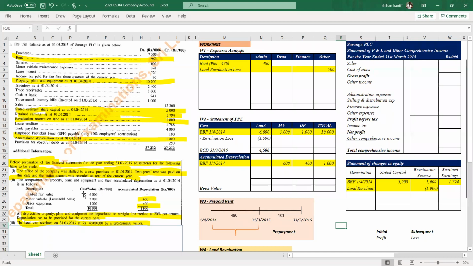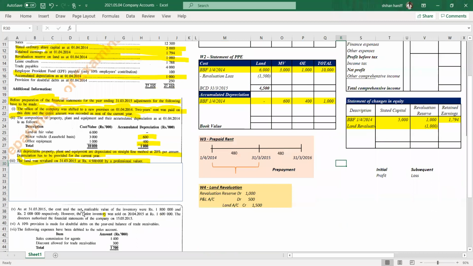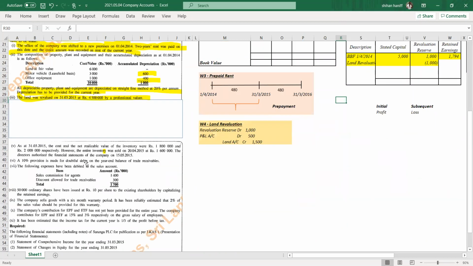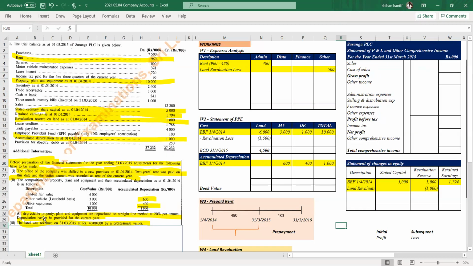Okay, next we have depreciation. There are no other transactions related to depreciation. We have a 20% depreciation rate. Now, no additional purchases or disposals.